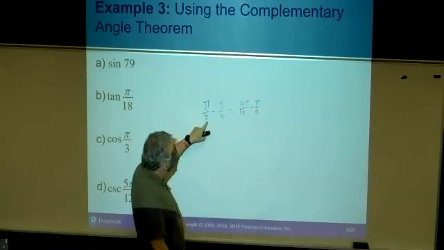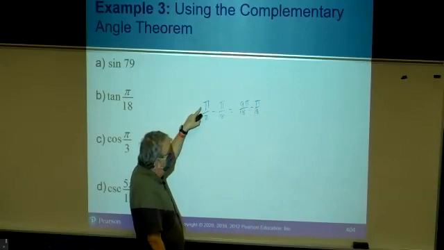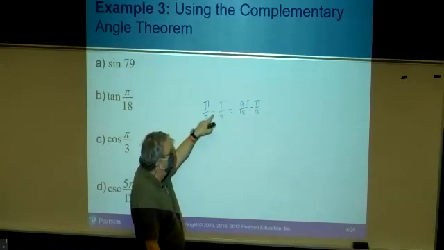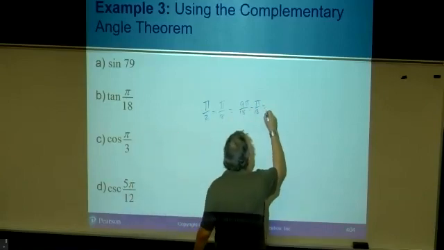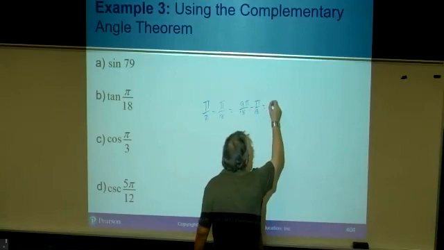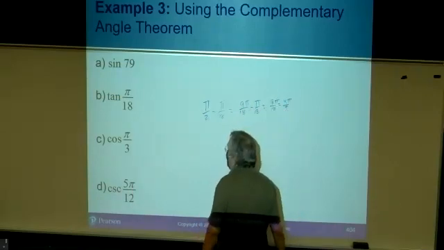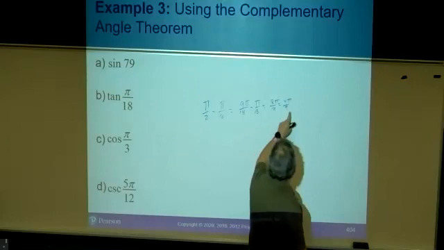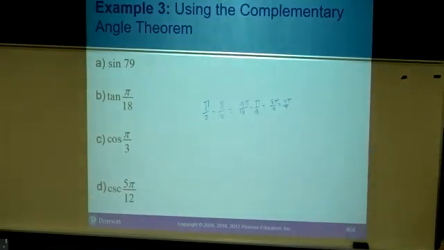Because to get an 18 here, I have to multiply it by 9, so I have to multiply the numerator by 9. I have to get common denominators before I can subtract my numerators. Now 9 pi minus 1 pi is 8 pi over 18, which is 4 pi over 9. So the cotangent of 4 pi over 9 equals the tangent of pi over 18.